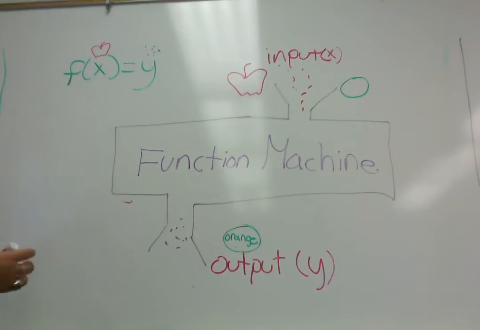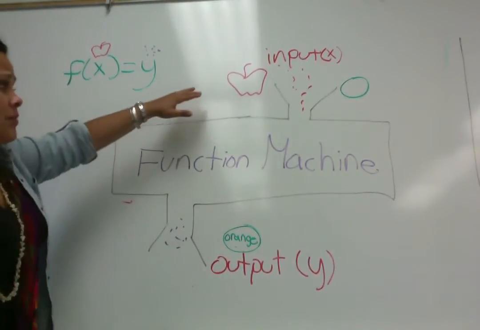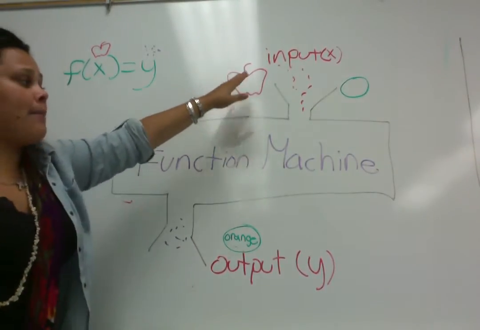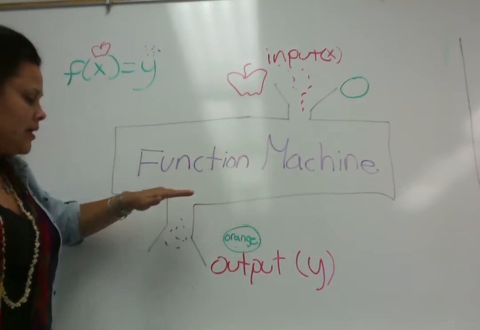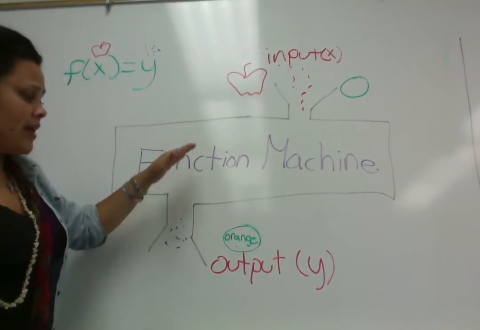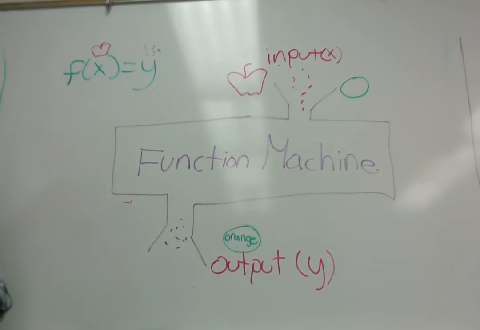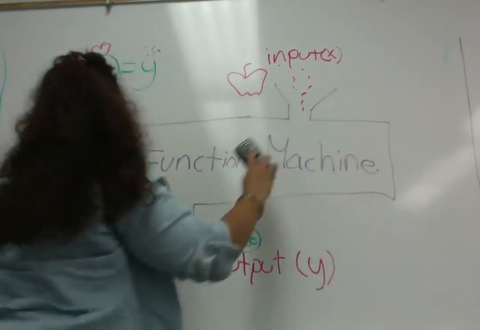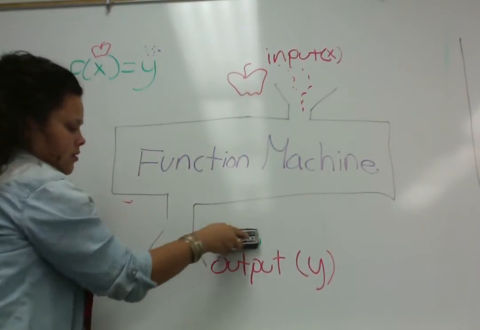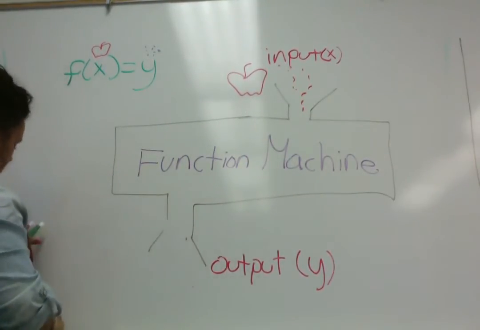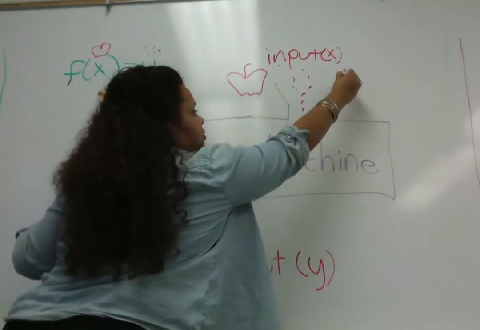So what does this mean? This means that every time I put an apple into the machine, I must get out seeds. But if I get out something else, that means it is not a function. So let's take, instead of an orange, a red apple and a green apple. Let's say this is a green apple.